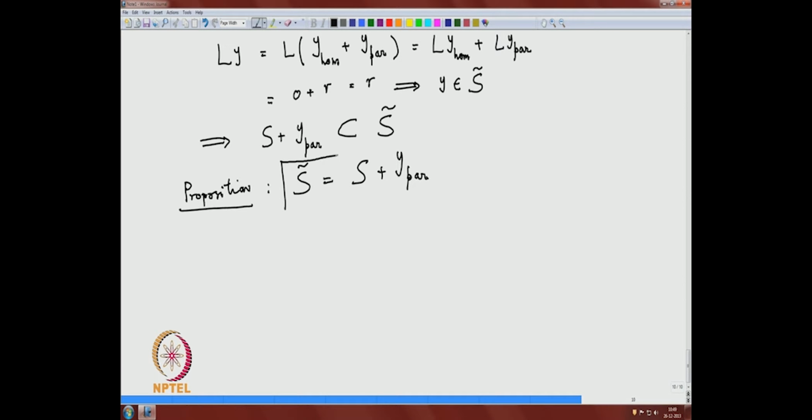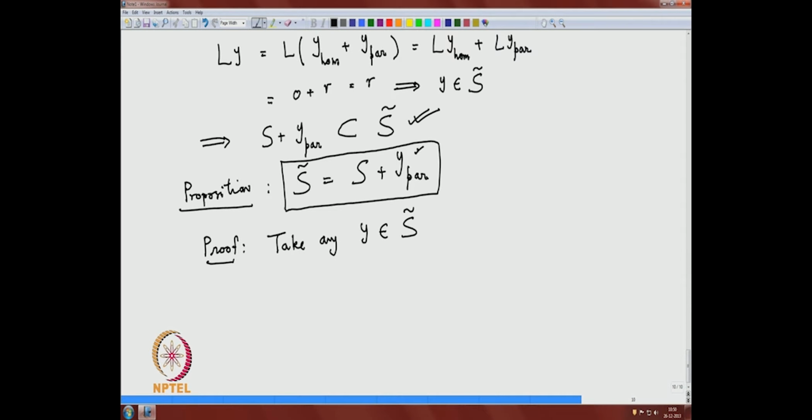The proof is one line, but let me give you a proof. You already proved one inclusion; you have to prove the other inclusion. Take any y belonging to S tilde, and y particular is given to you.